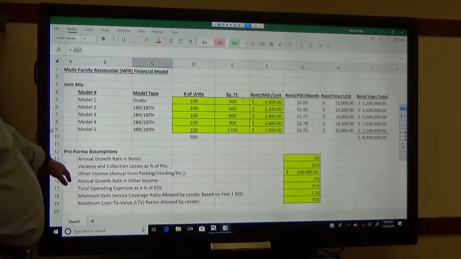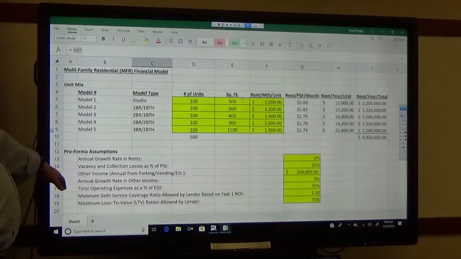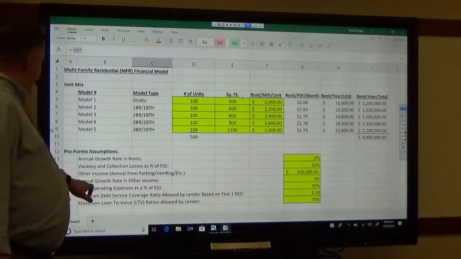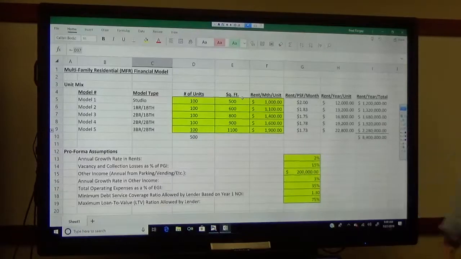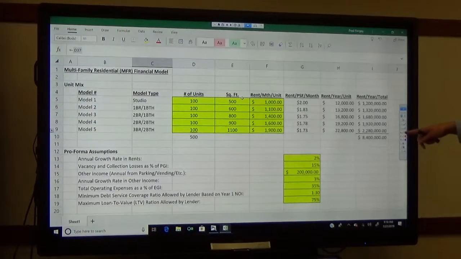All right, same thing on the growth rate and the income. What is it you're using as a foundation for that? And they're definitely going to ding you on the operating expenses as a percentage of EGI. Do you have any data to support that? If you said, Dr. Forkey used that as an example in class, they're going to say, bullshit, okay?